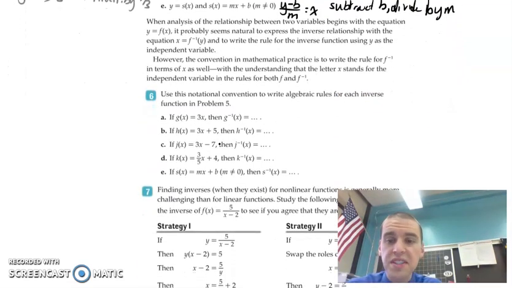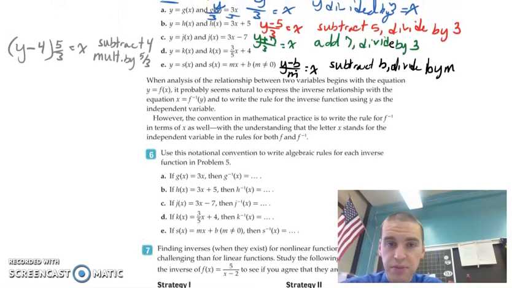So when we solve for the input, excuse me, the x variable, the input of a function, we call this the inverse. And so if we read here, when analysis of the relationship between two variables begins with the equation y equals f of x, it seems natural to express the inverse as x equals f inverse of y. And why do we say that? Well, this is in terms of y. All of these functions are in terms of y when solved for x.